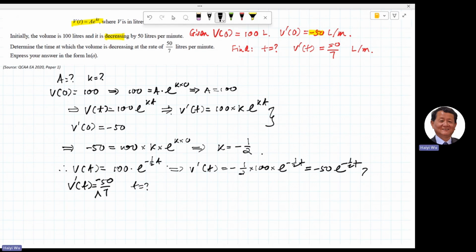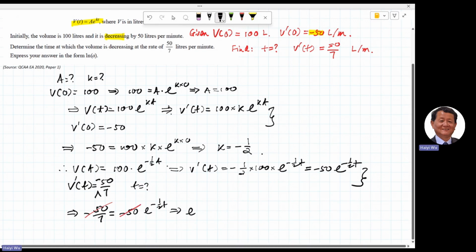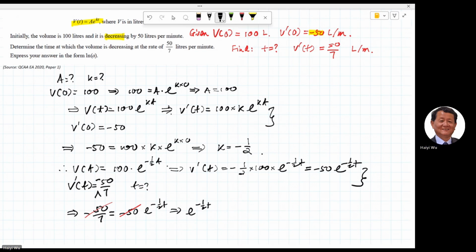Now we're going to substitute: negative 50 over 7 equals negative 50 e to the power of negative half t. Let's cancel the negative 50 out. So e to the power of negative half t will be equal to positive 1 over 7.